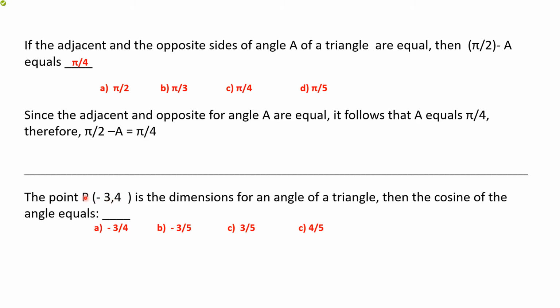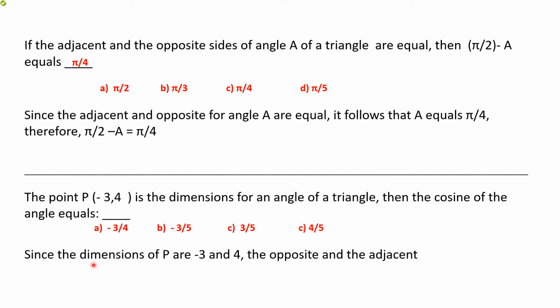This point is at one of the corners of a triangle, and the point has -3 as its x-coordinate and +4 as its y-coordinate. If that is the case, then we want to look at the cosine of that angle, and the answer is one of these four options. So let's take a look at the solution.